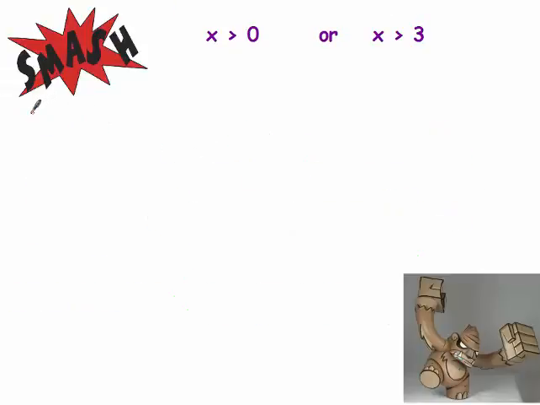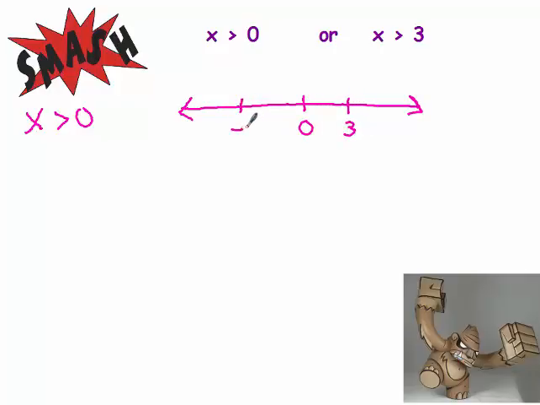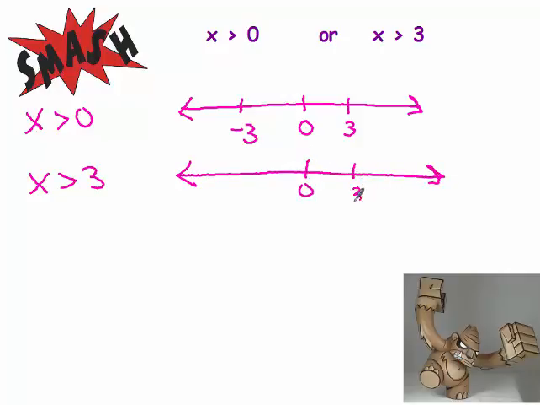Last disjunction. So we're going to start with X is greater than 0. And since it's 0, and you have to have 3 numbers on there, I just look at the other inequality and say, okay, it's 3, so I'm just going to use 0, 3, and negative 3. X is greater than 3. And then my disjunction.